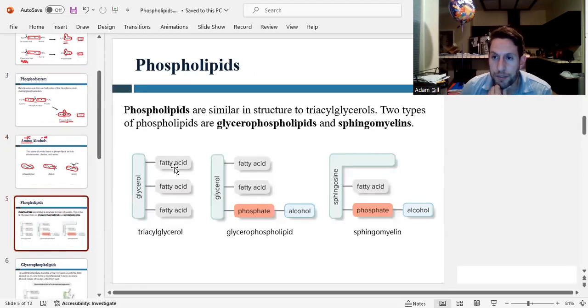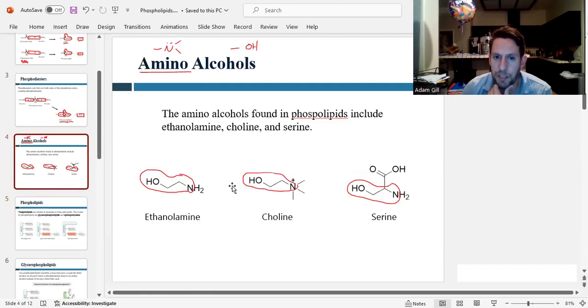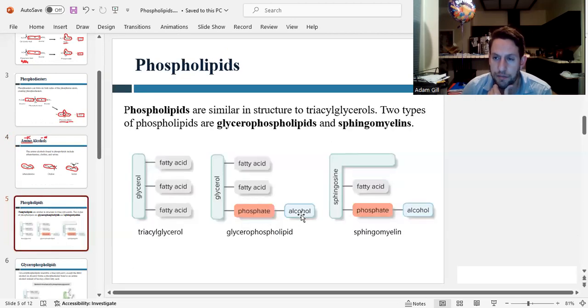So let's talk about phospholipids. Phospholipids are very similar in structure to a triacylglycerol. A triacylglycerol has the glycerol and then the three fatty acids. A glycerophospholipid has glycerol, two fatty acids, but then it has a phosphodiester with one of those amino alcohols sticking off.